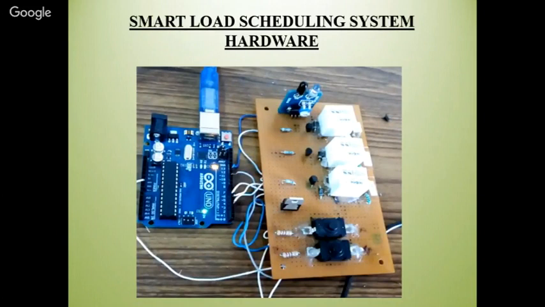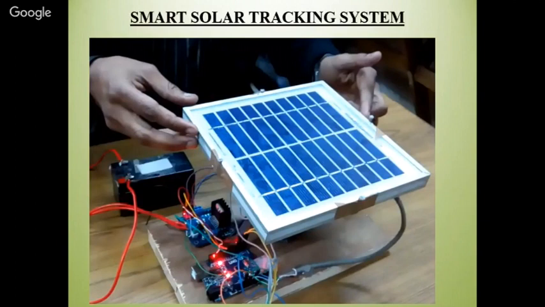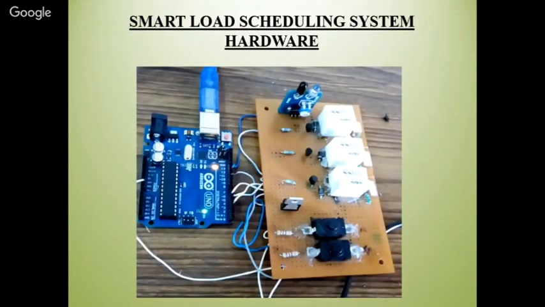Some are critical loads, some are non-critical loads. You can check whether there is presence or not, and accordingly the light is on or off. This system is based on LabVIEW, and you can take the real-time values in LabVIEW.